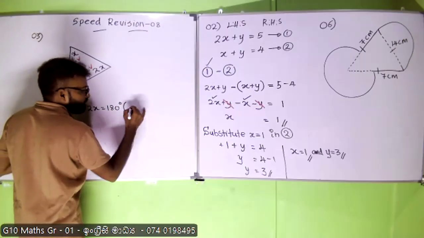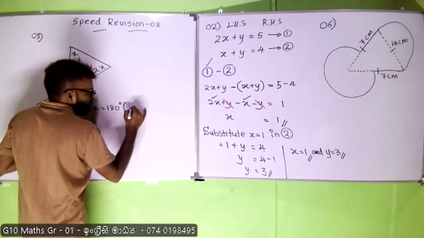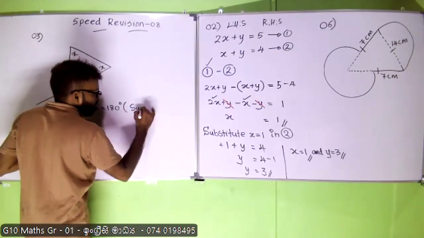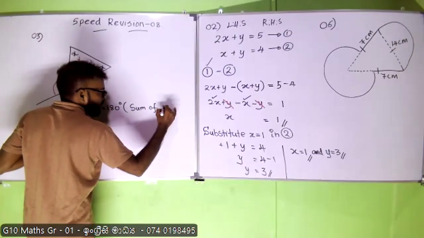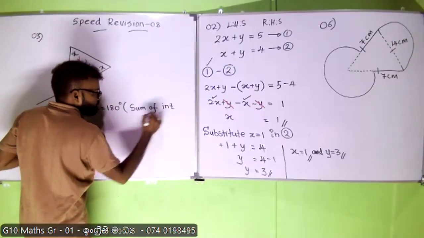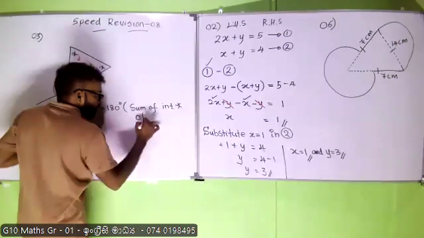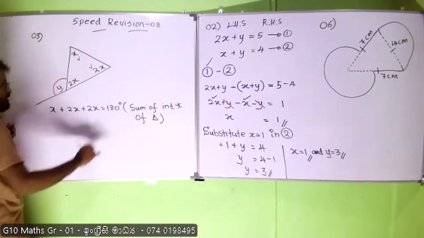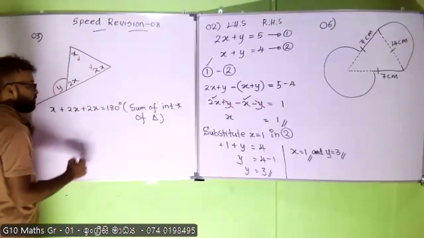A reason is needed, right? Sum of interior angles of a triangle. Done, right? So this is the proof.